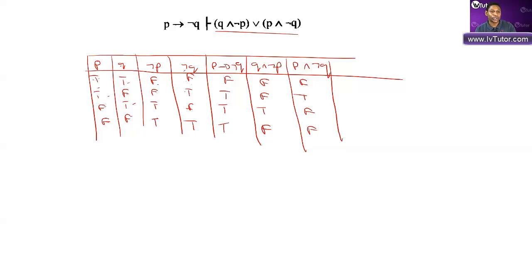Then we have a disjunction, Q and not P, or P and not Q. The disjunction will be false, true, true, false. Now we go row by row, premise and conclusion. False, we're not interested. True, true; true, true; true, false. By virtue of this, we have got not valid.